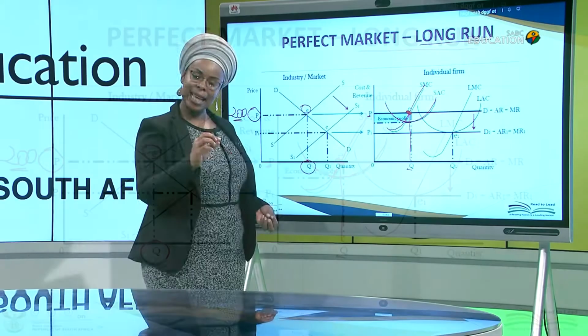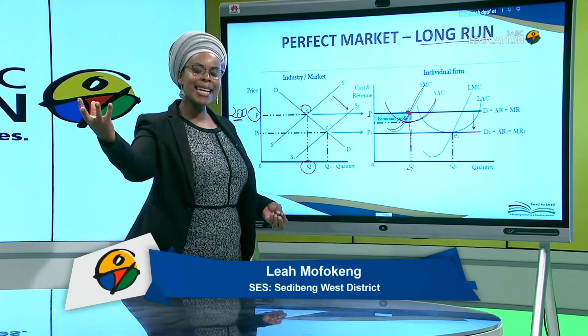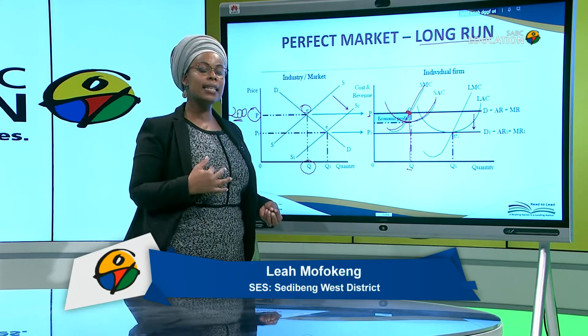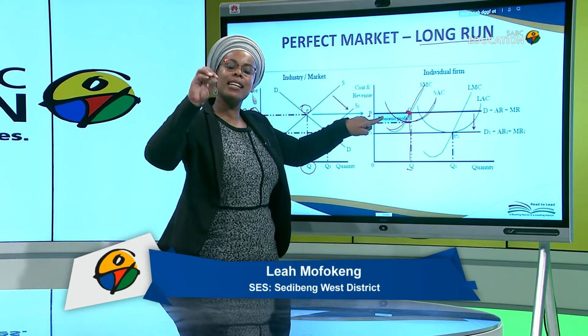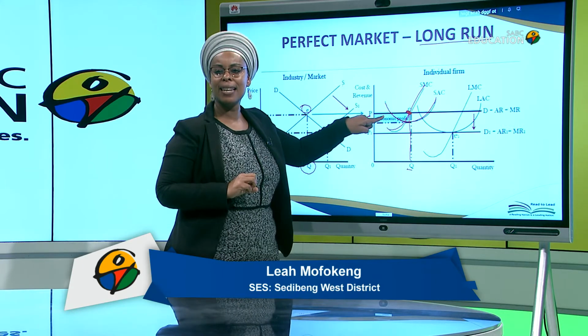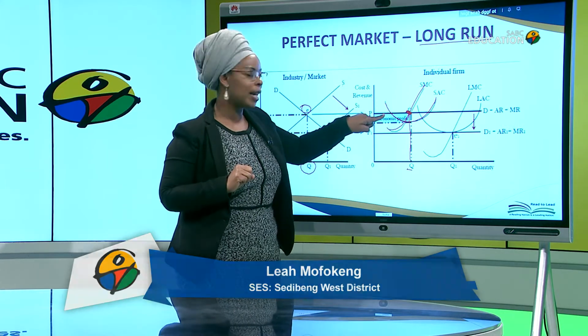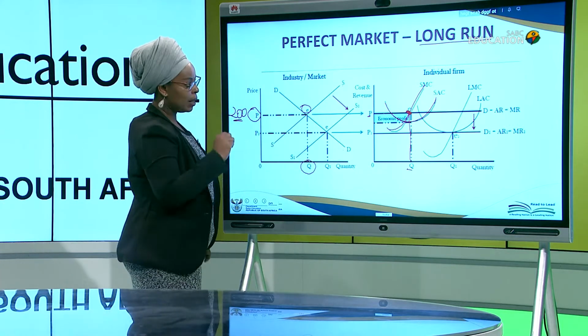Then, because another characteristic of this market is that there are many sellers and entry is easy, this economic profit will be a sign to others out there to say, it is profitable, you can join the market. And as they join, look at what will happen to the industry.